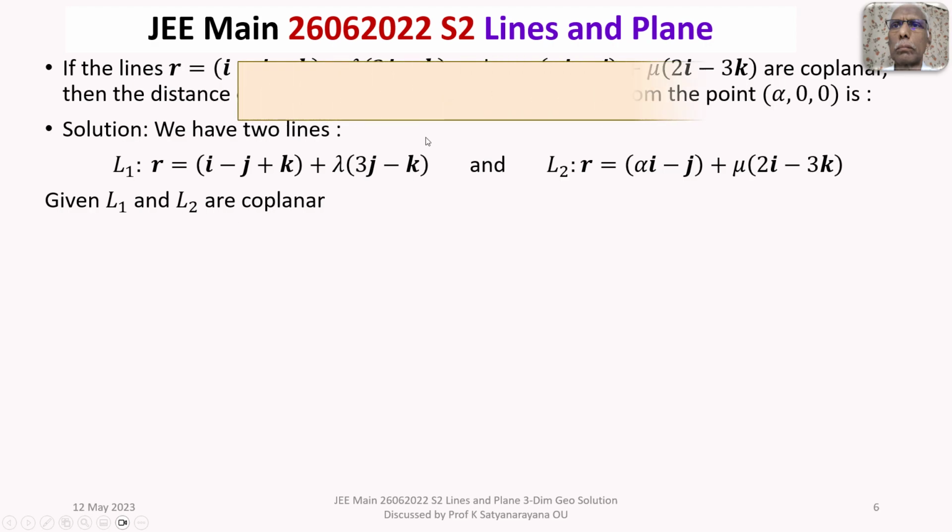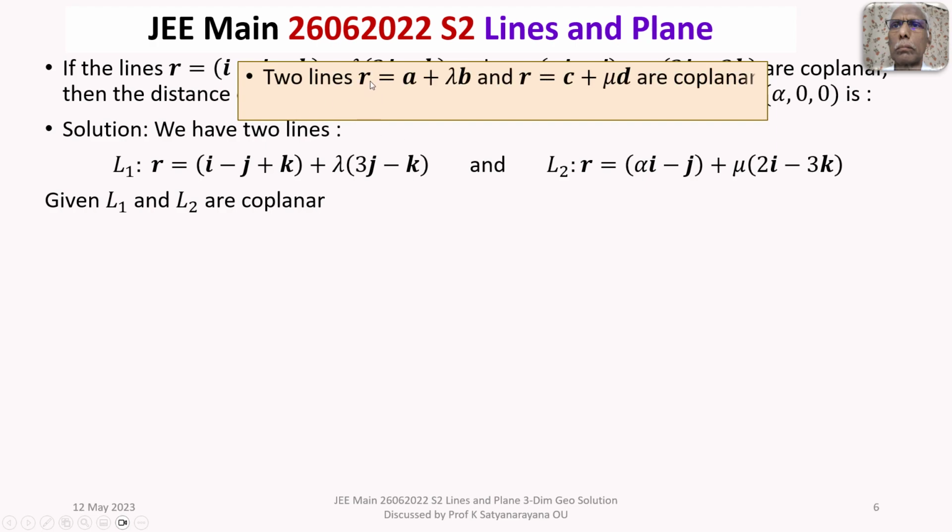Let's recall the condition for coplanarity. Two lines r is equal to a plus lambda b and r is equal to c plus mu d are coplanar if the vector c minus a dot b cross d is equal to 0.